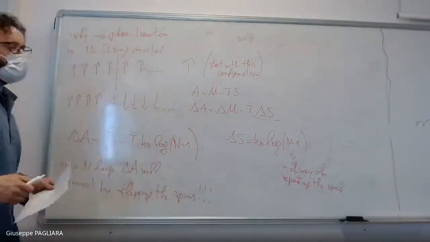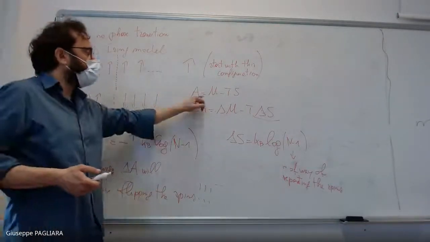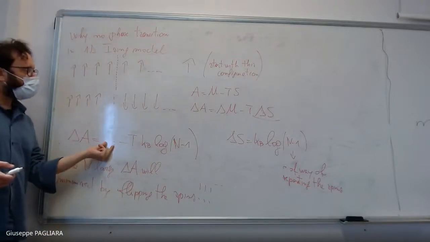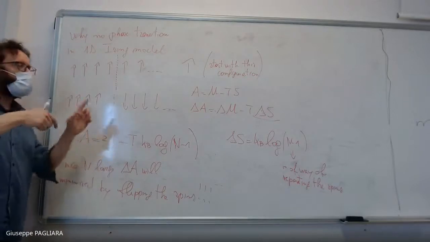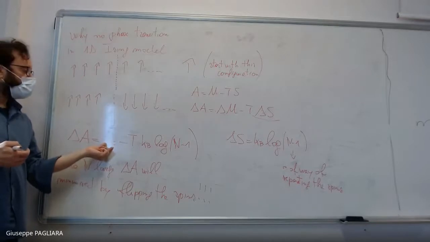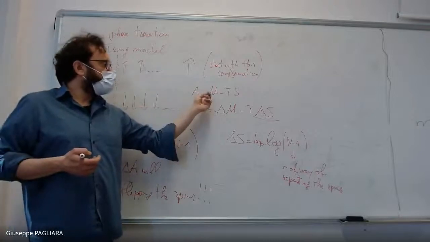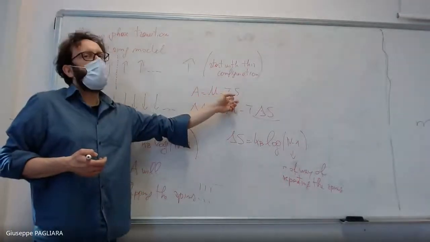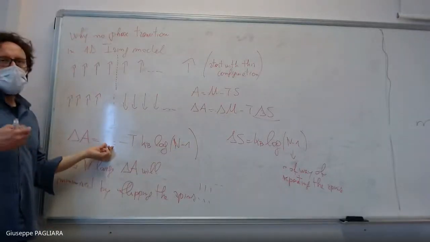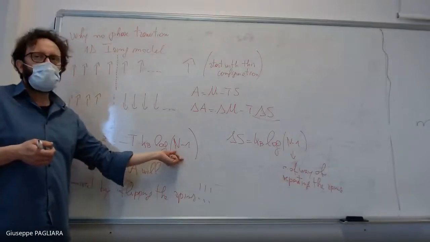In other terms, when I look at the variation of the Helmholtz free energy, there is a positive contribution due to the fact that I'm not aligning the spins anymore. So this is a penalty, if you want, because the internal energy increases. But the Helmholtz free energy gets two contributions, one from the internal energy, one from the entropy. So the fact that we are increasing the internal energy is not important, because in any case you are compensating by a large increase of entropy.